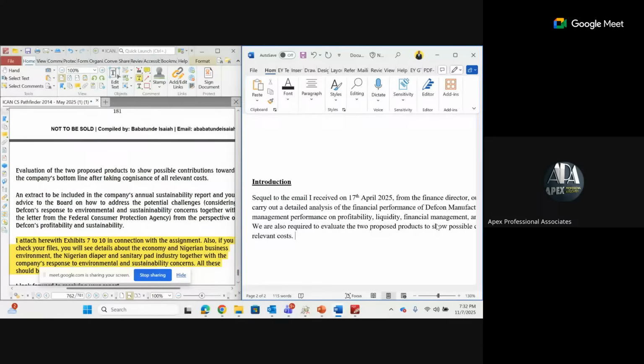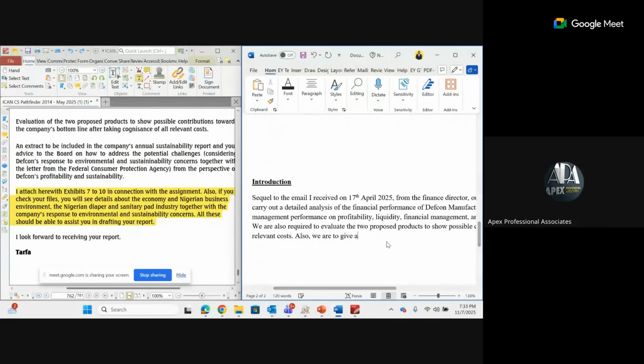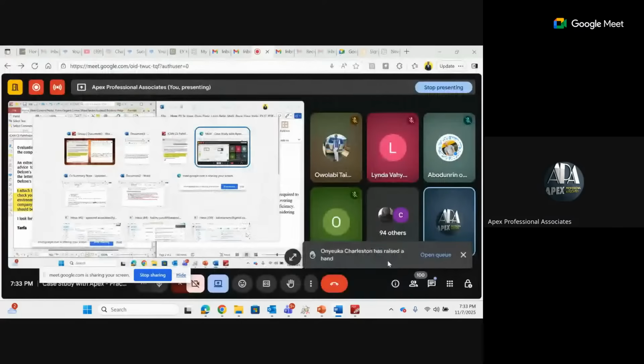You have also mentioned the second requirement, right? But you know we have 2 other requirements. Also, we are to give a report on the sustainability position of DEFCON and write, what's that first requirement?